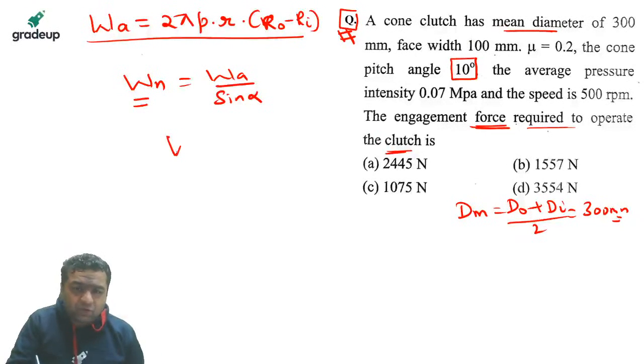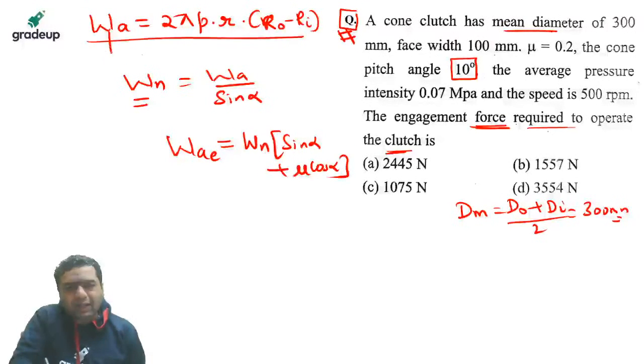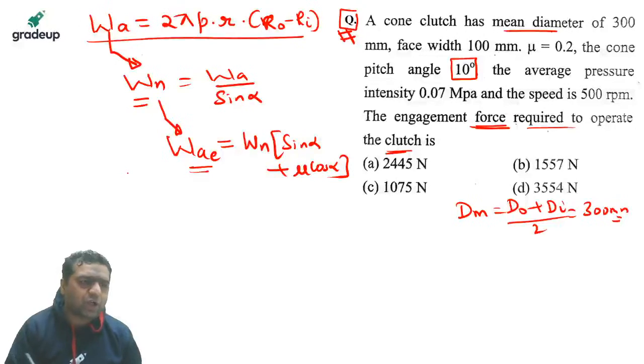We have seen the derivation in the class, that was Wn sine alpha plus mu times cos alpha. With the help of W axial, you will be getting Wn. After getting Wn, you will be getting the required load which is required for the operation.